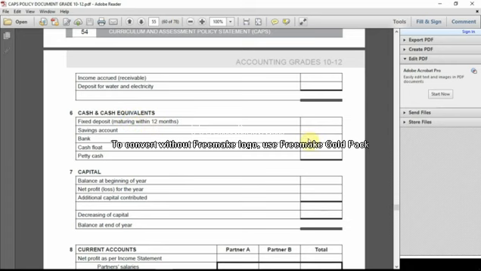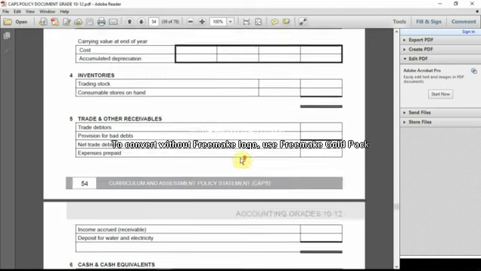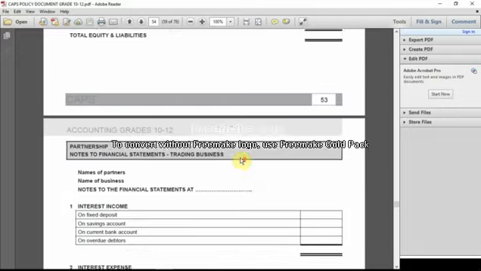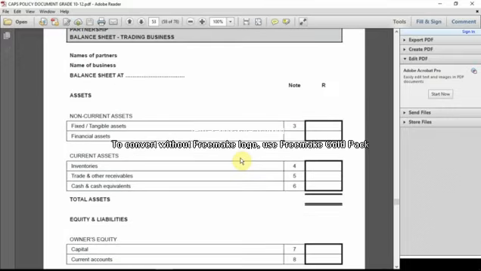Then we could have a savings account, our normal bank account, and then we have cash float and petty cash. Cash float, again, just to refresh memory, is basically what you have in your till available for change. Petty cash is used to buy small items for the partnership. So we add them all up, get the total, and transfer again to the face of our balance sheet.